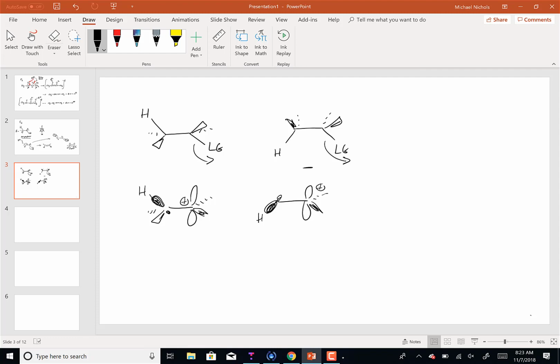So there is no restriction in an E1 mechanism. Because once you form the carbocation, all the hydrogen has to do is become parallel to the empty p orbital, and it's lost as an H+. So the anti-periplanar geometry is only a restriction on E2, not on E1.